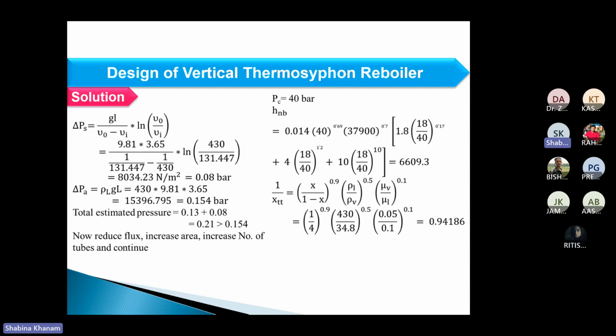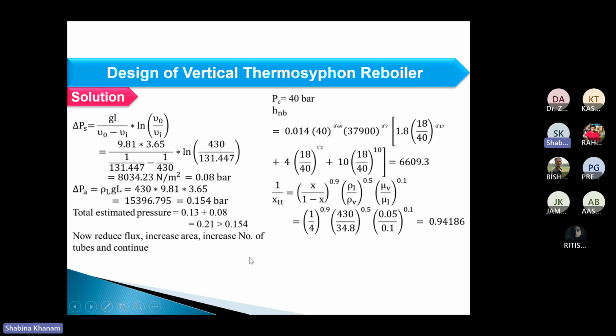If you reduce the heat flux directly by 15,000 or 20,000 in one go, you can bring the recirculation ratio within the range, no problem, but you will unnecessarily increase the area. So you need to reduce the flux slightly, then see this condition, then reduce the flux, then see this condition, like this.